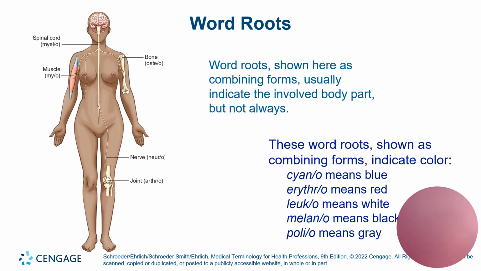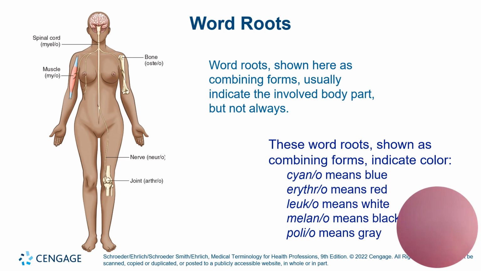Word roots, as shown here, are combining forms, and again, they usually indicate that body part, but not always. So if you're looking, for example, at the nerve, then we're going to say neuro. If you're looking at the bone, then that's usually going to be osteo.